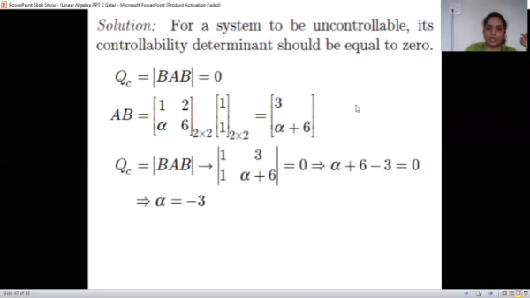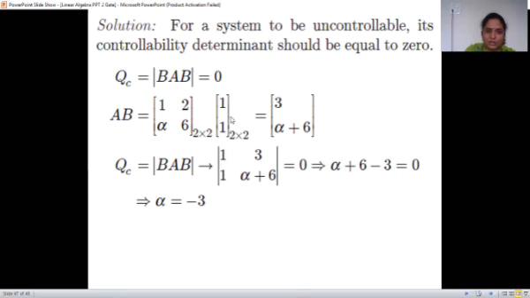For a system to be uncontrollable, its controllability determinant should be equal to 0. The controllability matrix is found by first finding AB and then writing B and AB together, so determinant of [B AB] should be 0. A is here, B is here, so finding AB, we get this.